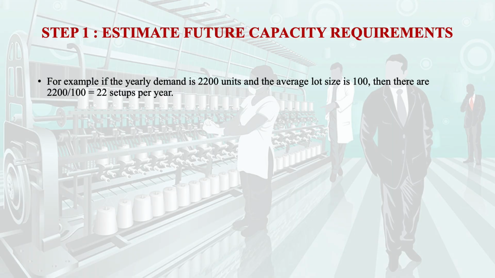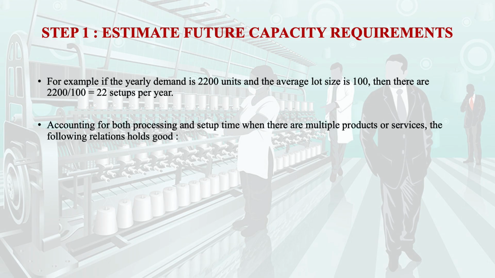It is very important because we always miss the setup time, and it consumes a good amount of time of a process. If I take one example, if our demand is 2200 units and the average lot size is 100, then 2200 divided by 100 is 22 setups per year, and that means we have to give enough time per year, accounting for both processing and setup time.